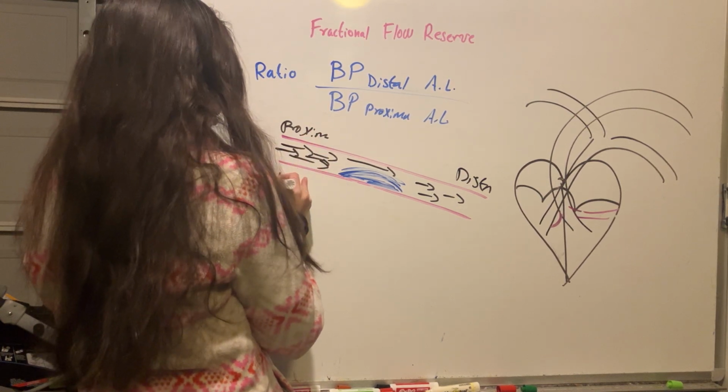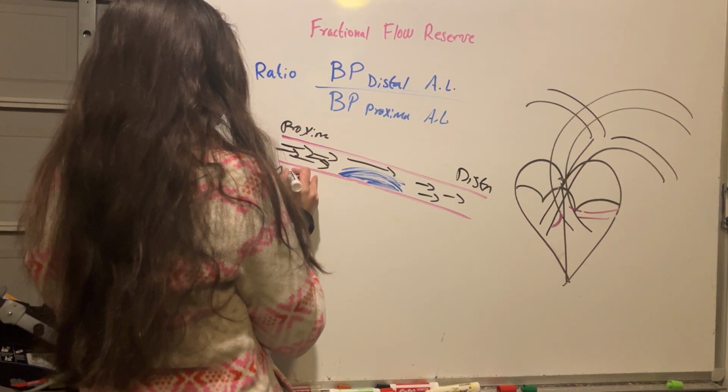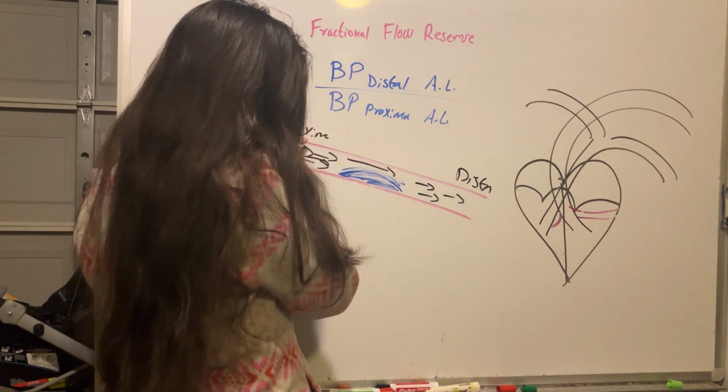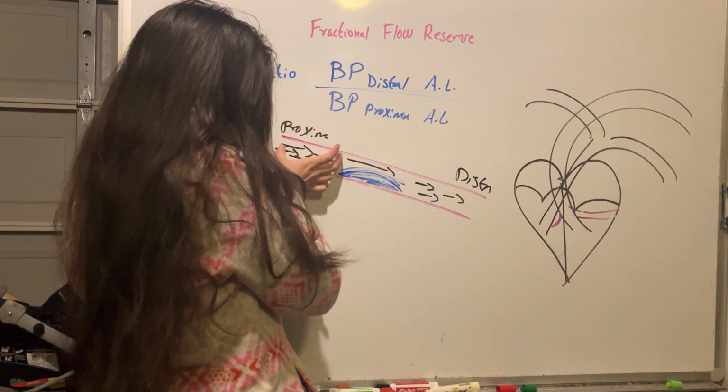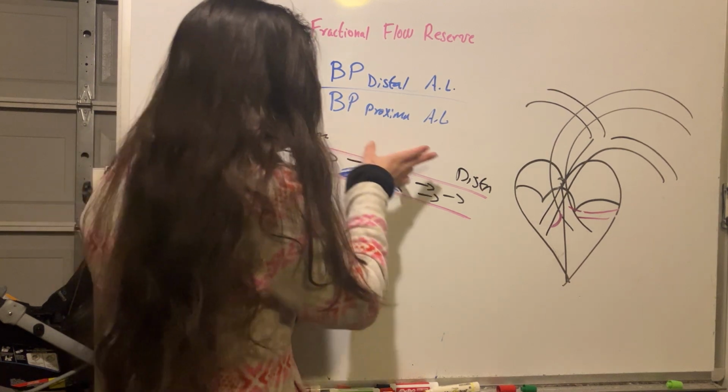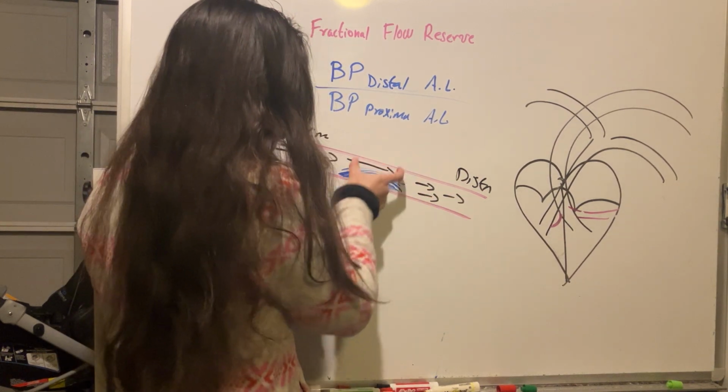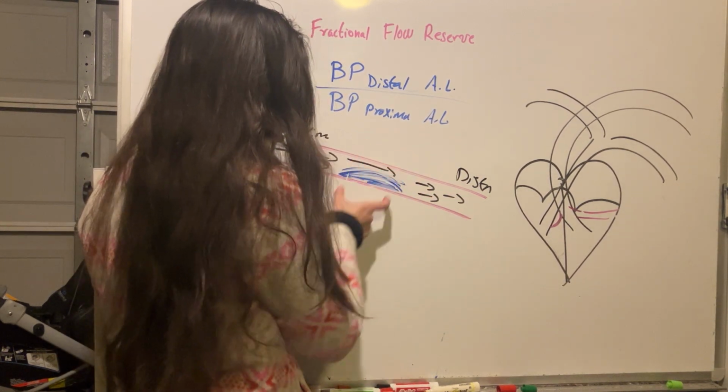So we have a higher blood pressure than here. Here the blood is coming, but not all the blood that is coming here in the proximal segment can end up here in the distal segment because here is the narrower lumen.